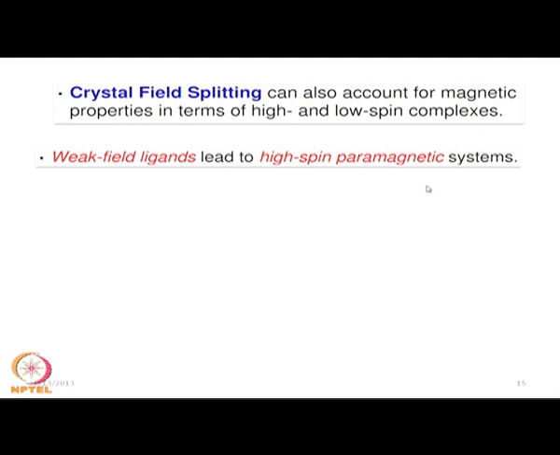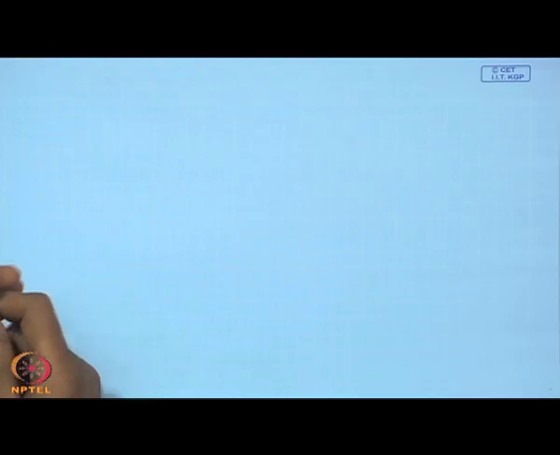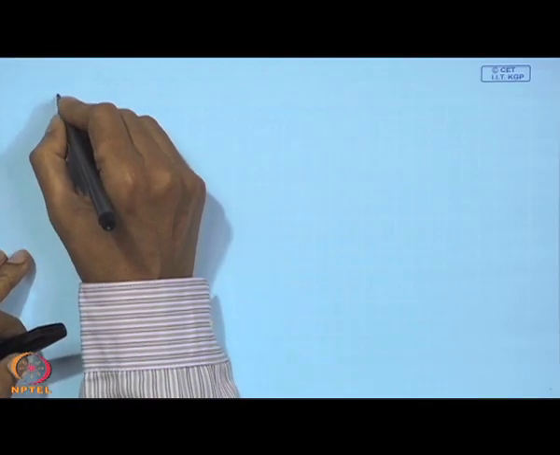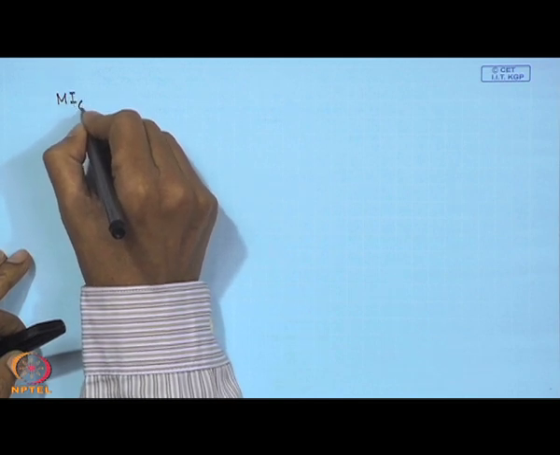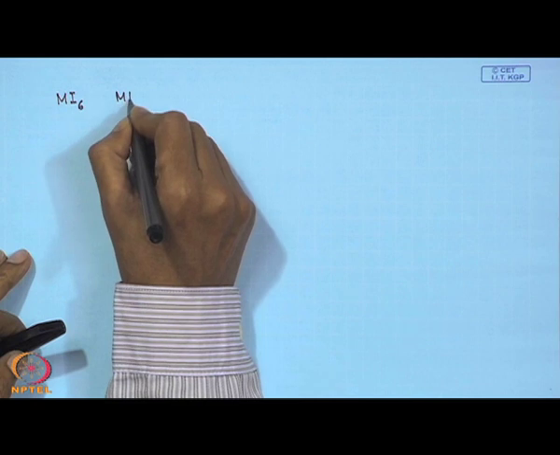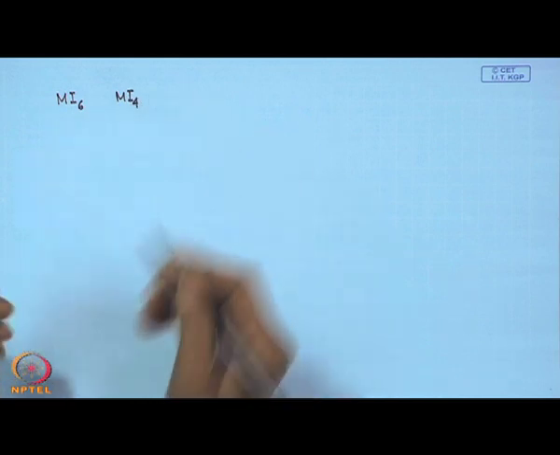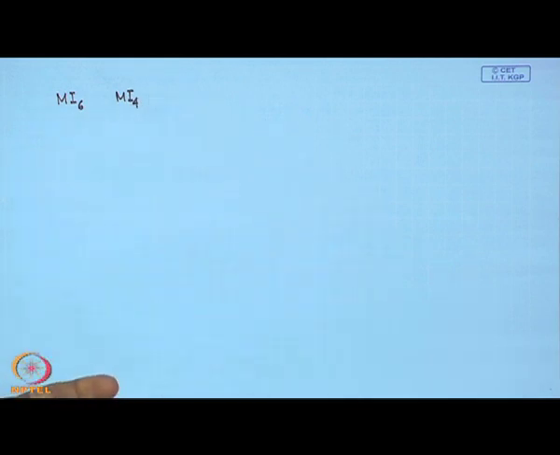Therefore, we have the corresponding ligands such as iodide or bromide. If we have the corresponding metal and iodide, say MI6 or MI4, the expectation is that in these cases we can have high spin compounds.